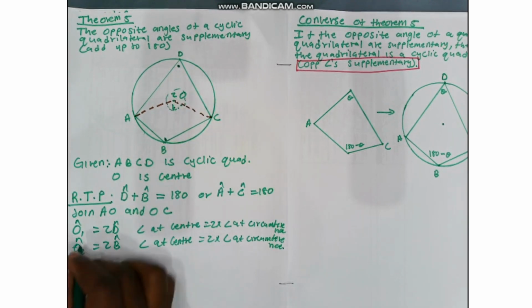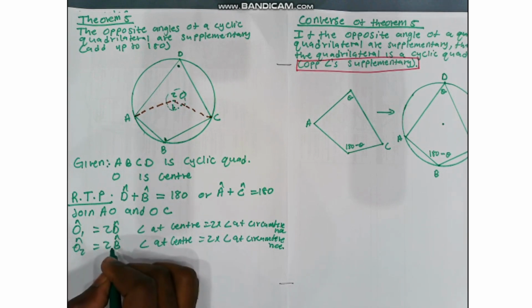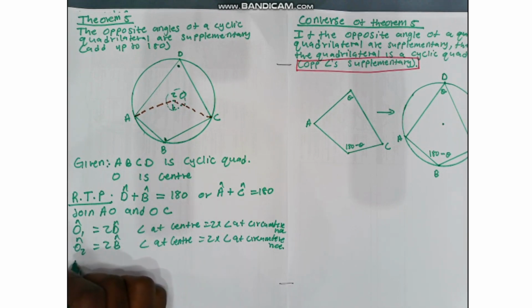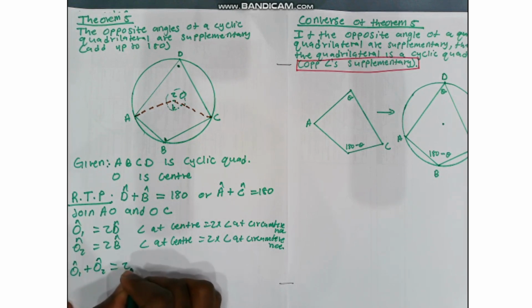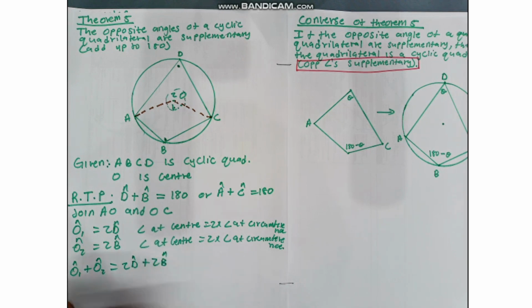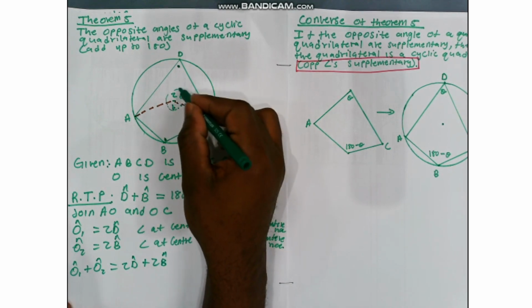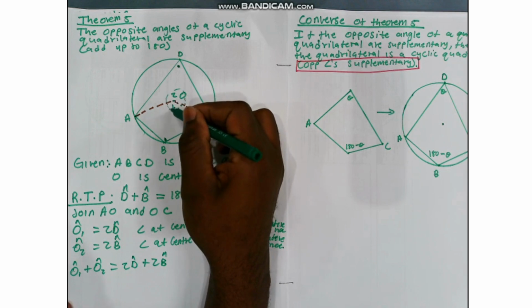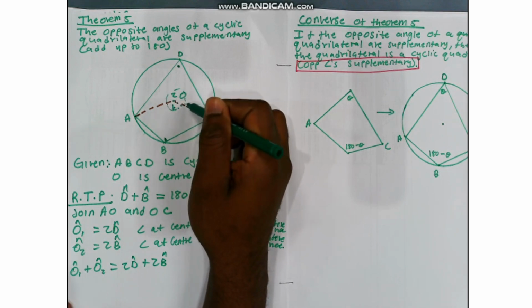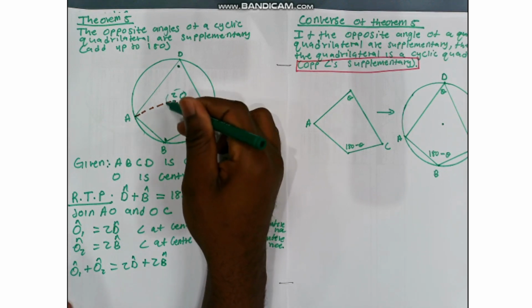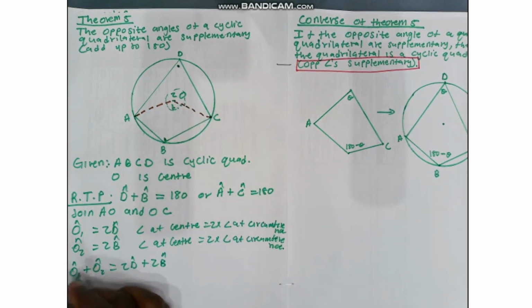Then therefore, if I add O1 plus O2, it's just going to give you 2D plus 2B. But now O1 and O2 are going to be equal to 360. Why? The angle around a point, a revolution.